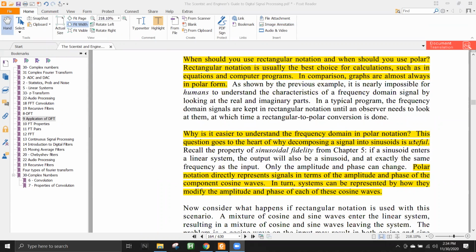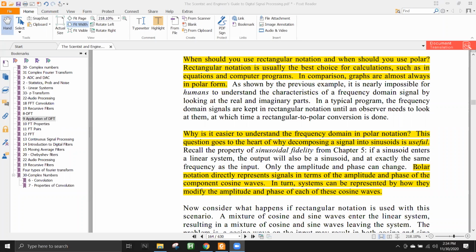And there is also another point here: why is it easier to understand the frequency domain in polar notation instead of RE and IM? It comes from the concept that we are decomposing a signal into sinusoids, and a signal that has sinusoidal components in the time domain will also have a sinusoidal component in the frequency domain by the sinusoidal fidelity property.